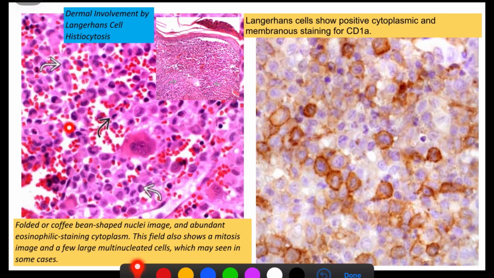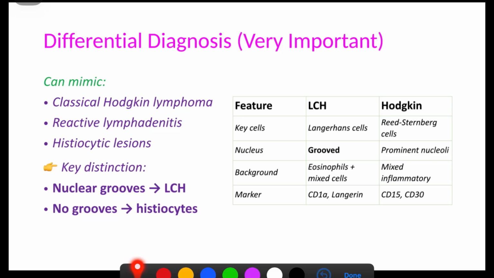It is dermal involvement by Langerhans cell histiocytosis, and this is the CD1A IHC positivity showing membranous as well as cytoplasmic staining. So differential diagnosis, it can mimic Hodgkin's lymphoma or reactive lymphadenitis or histiocytic lesion.